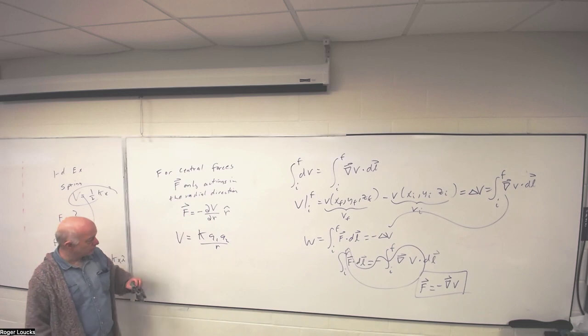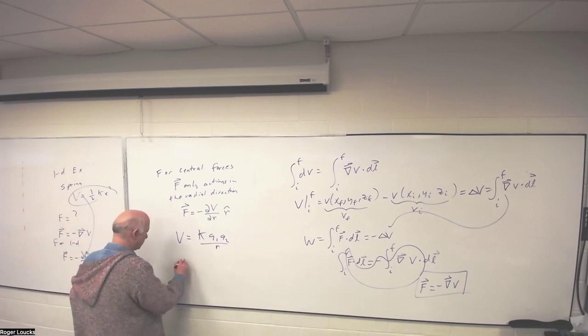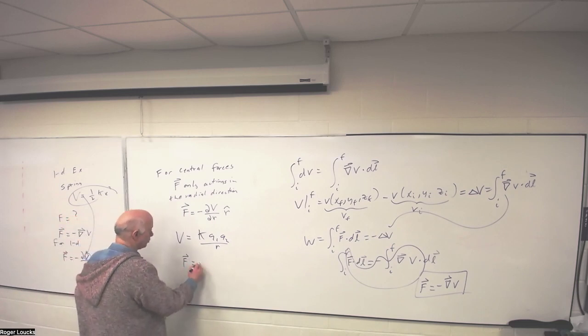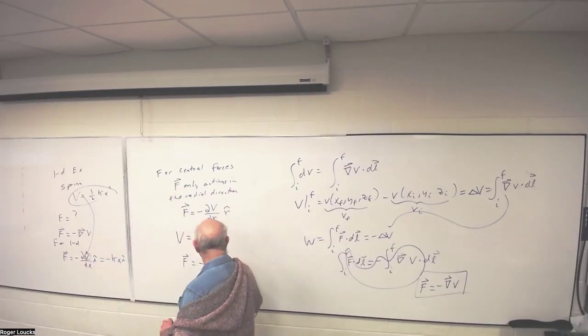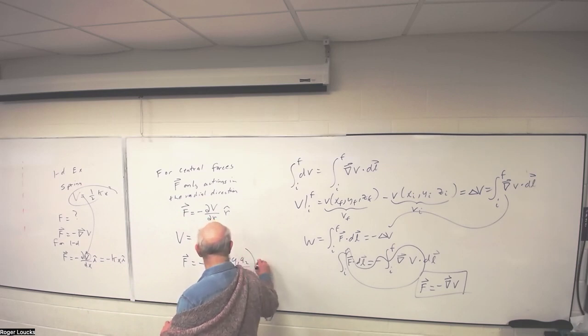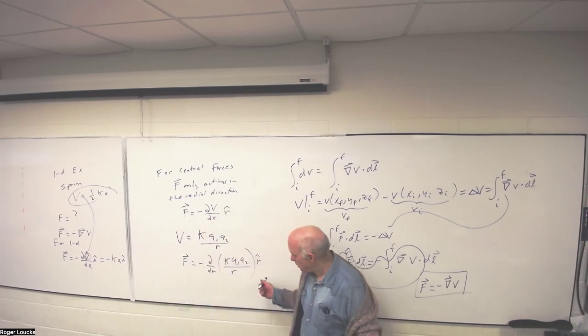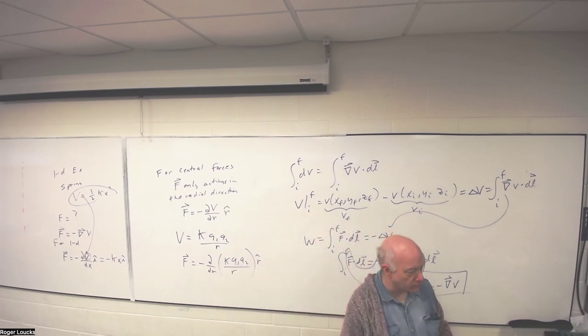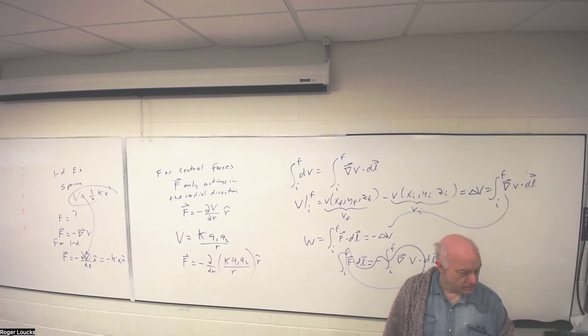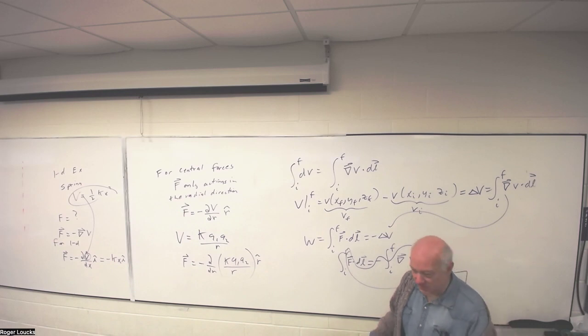Let's do this and see what we get. So let's come to the force. This is going to be minus partial with respect to r. Q1 Q2 come out, and this is r to the minus 1 power. What's the derivative of r to the minus 1? Minus 1 over r squared.